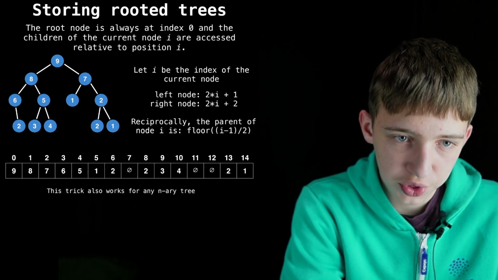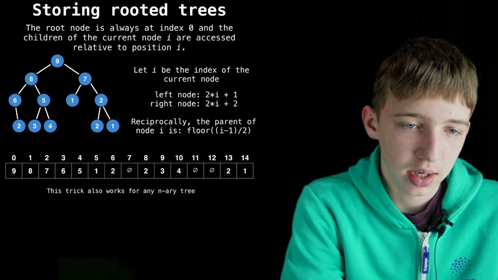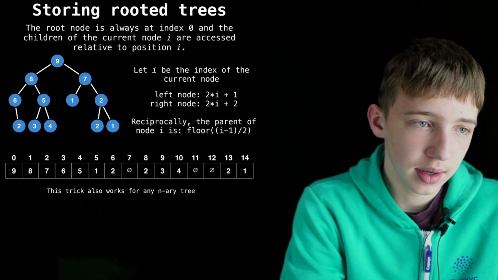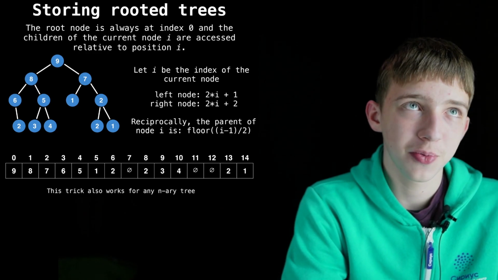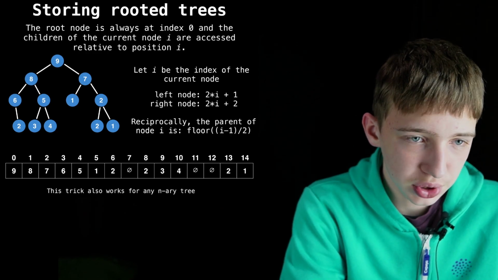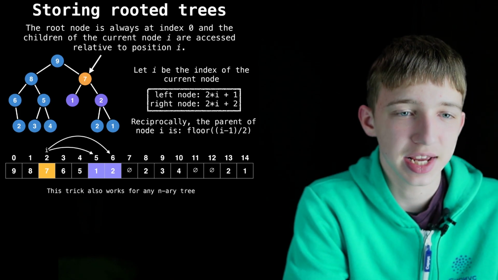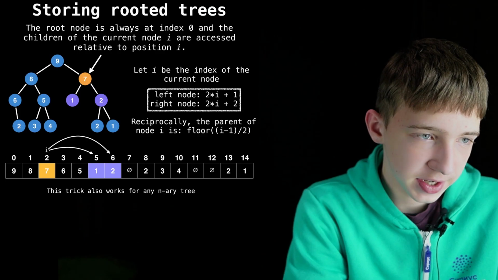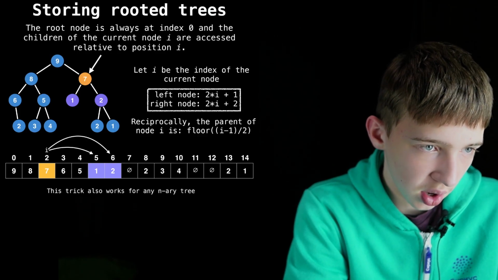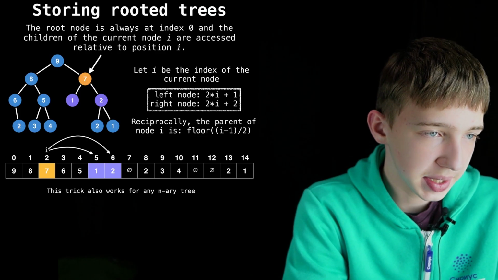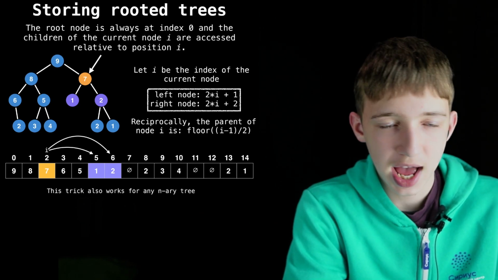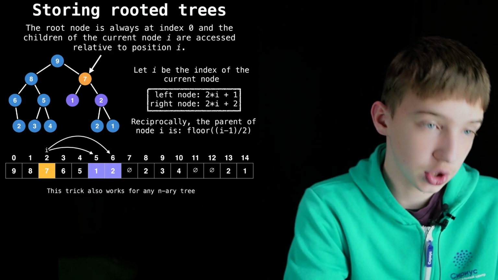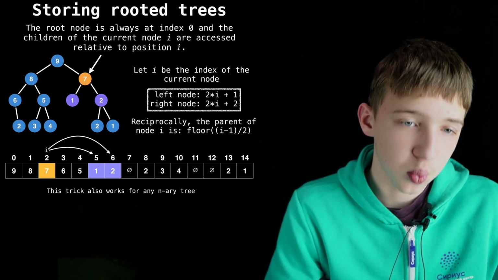With these two formulas, we can access all children of a node in O(1) time complexity. So for position 2, we know that the left child is 2 times 2 plus 1, that is 5, at position 5, and the right child is at position 6. This is how it works.